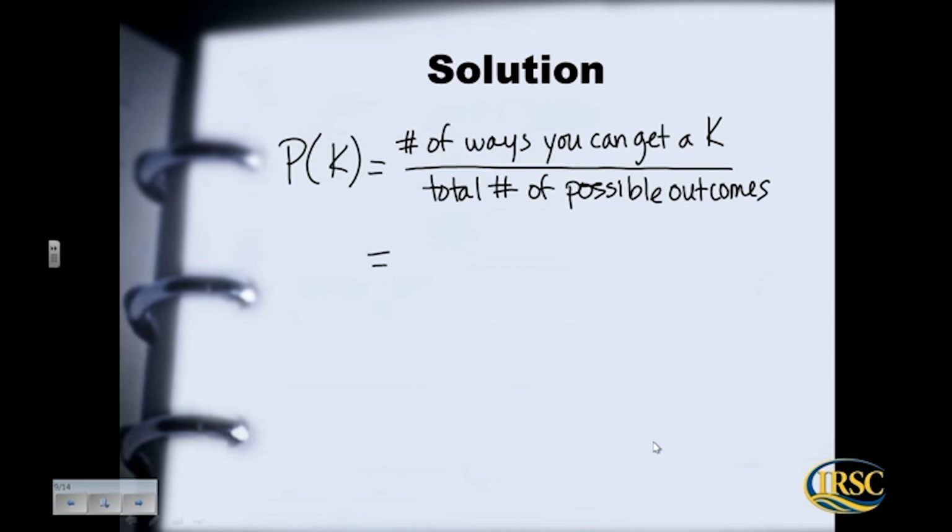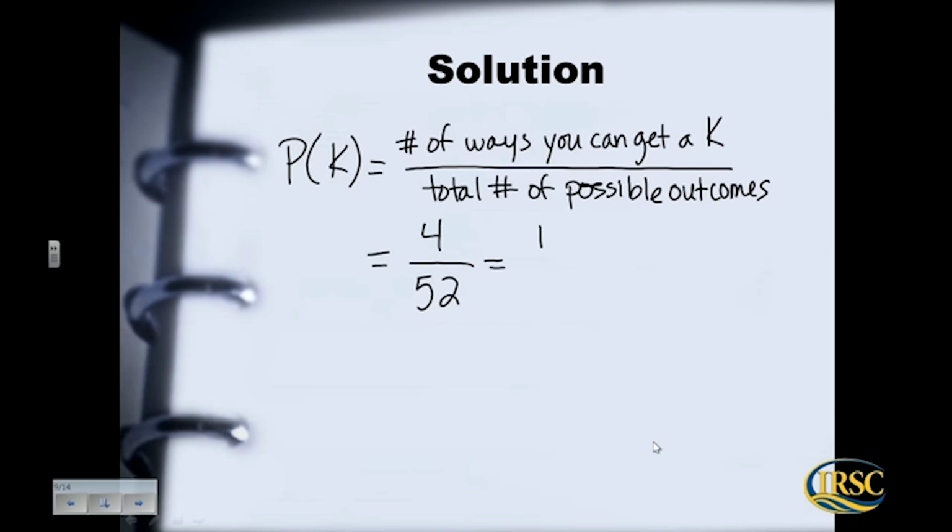Okay, so how many ways can you get a king in the deck? 4, because there are 4 different kings in the deck. And what are the total possible outcomes when you're dealt 1 card? 52, because you can get any of the 52 cards dealt to you. So there's your initial fraction there. And now you reduce.